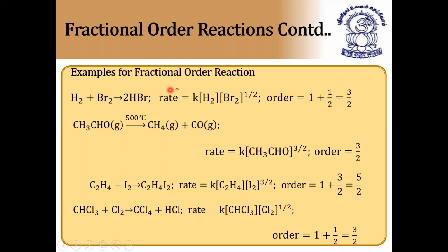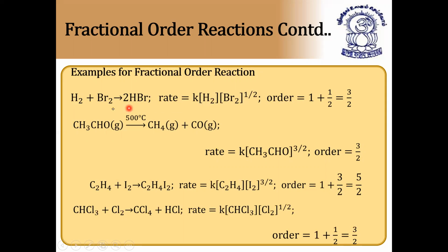Let us see the first example. Hydrogen combines with bromine to form two molecules of hydrogen bromide. The rate for this reaction is R = K [H2] [Br2]^(1/2).